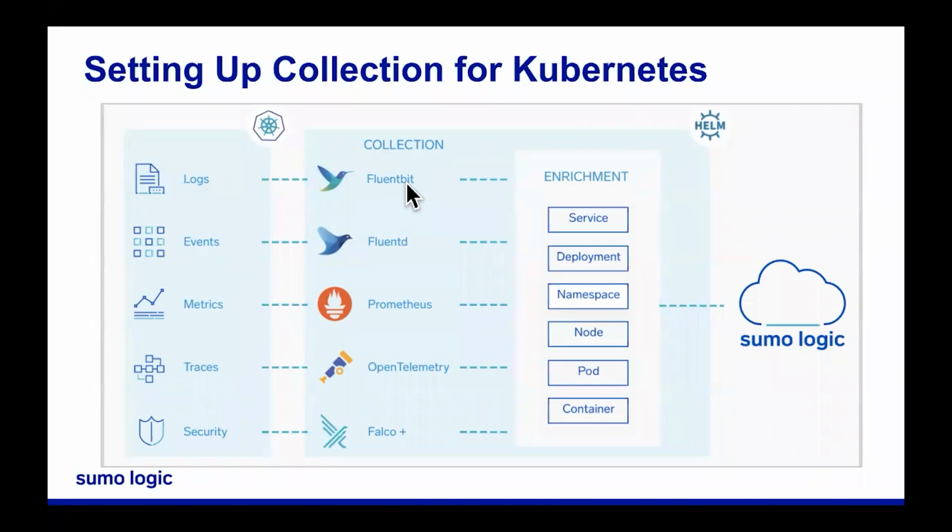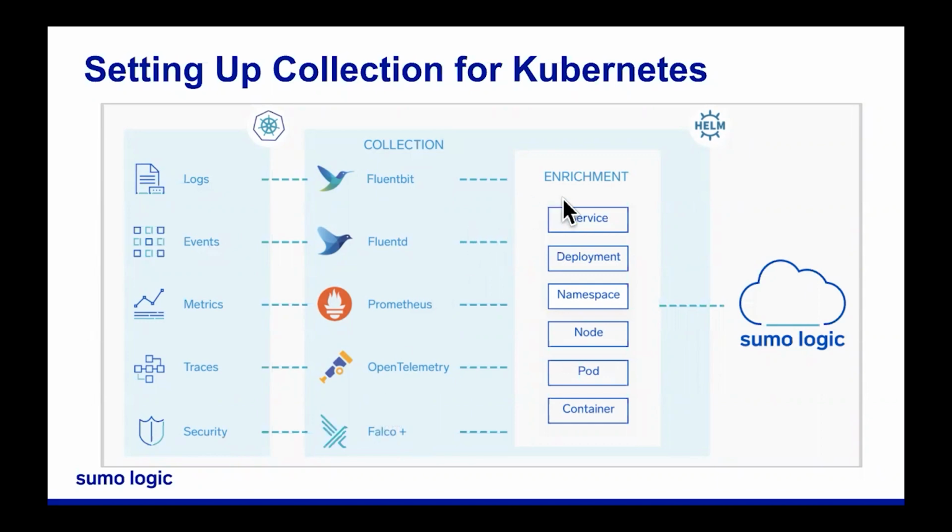You'll see a test question here. Logs through FluentBit, takes your events through FluentD, takes your metrics through Prometheus, takes your traces and trace data through Open Telemetry, and it takes your security information through Falco or Falco Plus. And so in Helm, when we set up our Helm, these are the collection mechanisms that we're going to use.